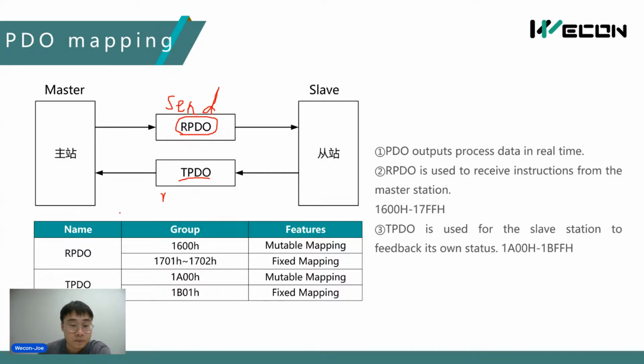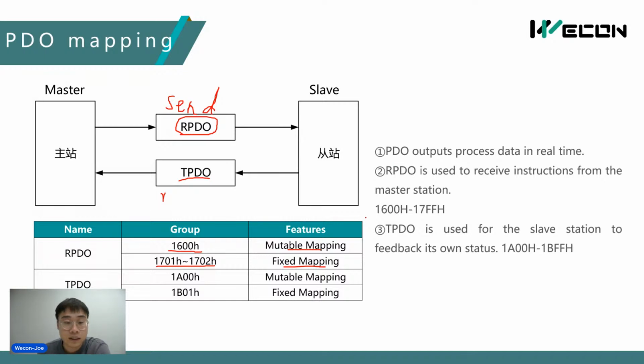Okay. And there will be some groups of data for use. We must note they will be fixed or variable. RPDO outputs process data in real time, and RPDO is used to receive instructions from master stations.